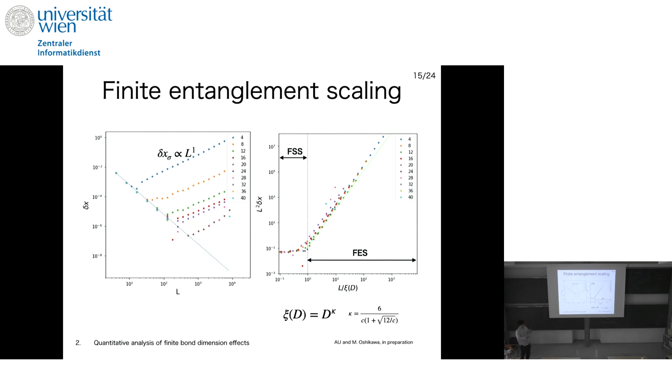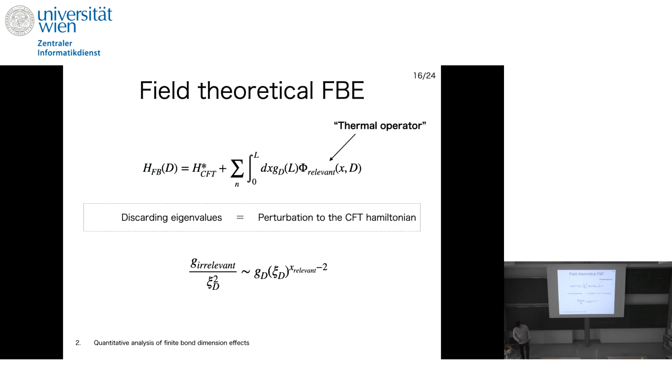There's one more thing you can say, which is that this deviation from the CFT, which is the finite bond dimension effect, is proportional to L, which means this finite bond dimension effect is effectively coming from the perturbation of the thermal operator. So this is a conjecture that in TNR, maybe in MPS as well, as Andreas explained yesterday, finite bond dimension effect can be considered as a perturbation by the thermal operator.